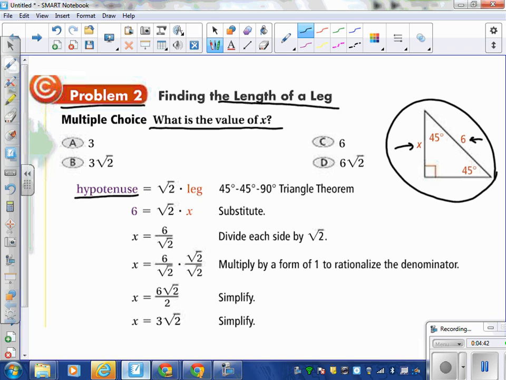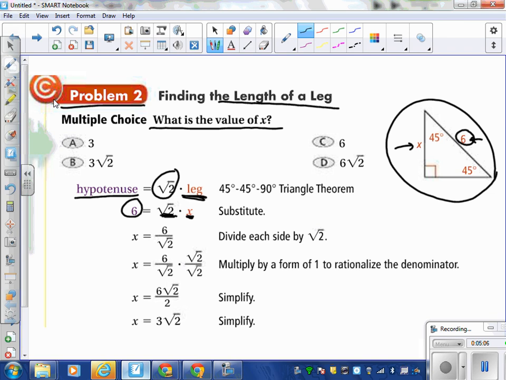We know that the hypotenuse is the square root of 2 times my leg. So what I need to do is insert those numbers where they belong. 6 is my hypotenuse. That's going to equal the square root of 2 times x.